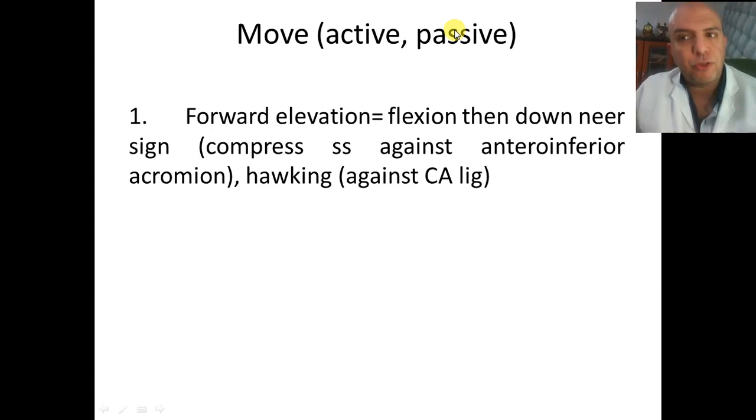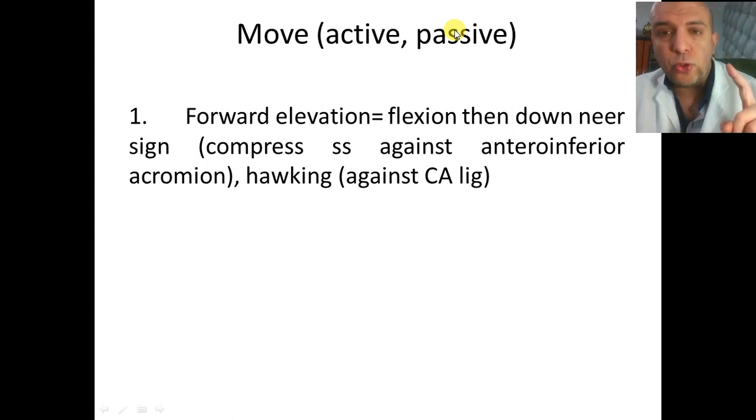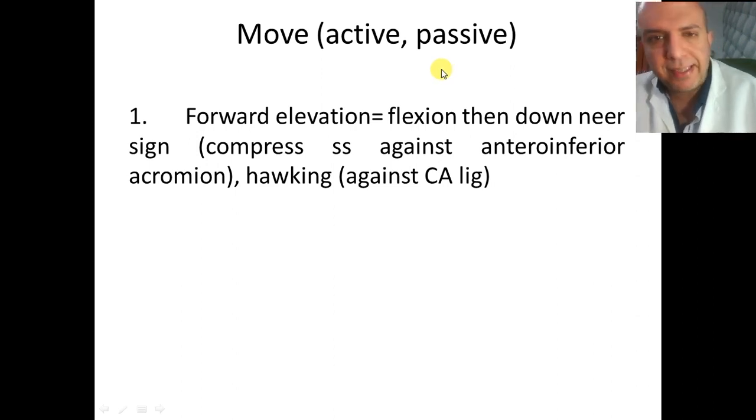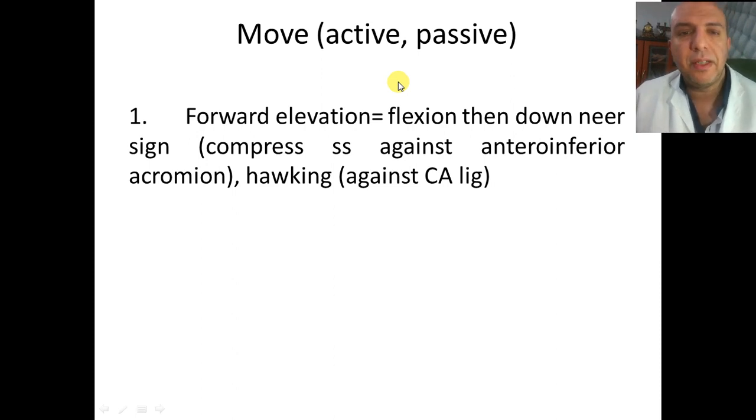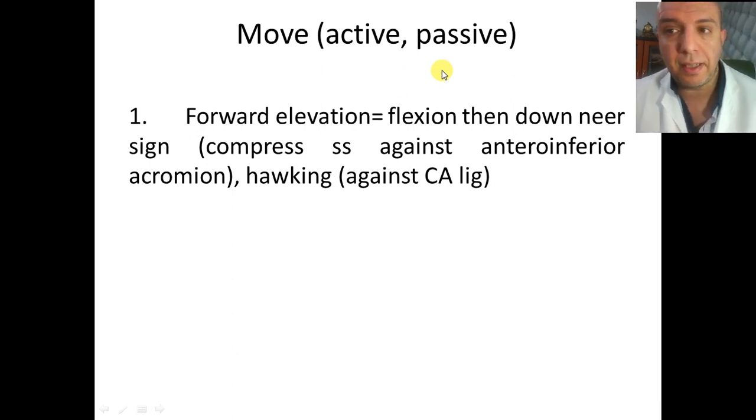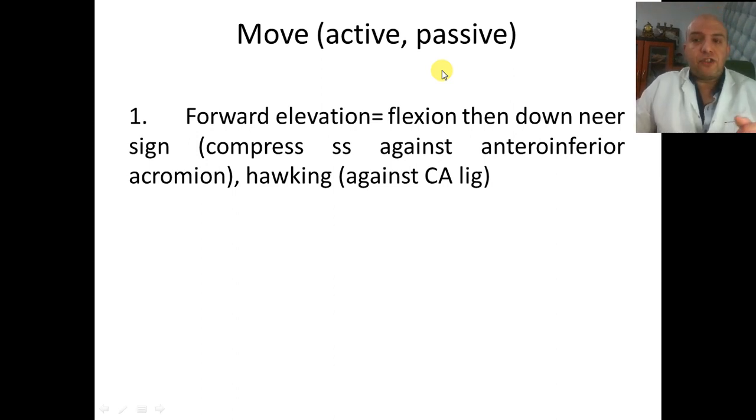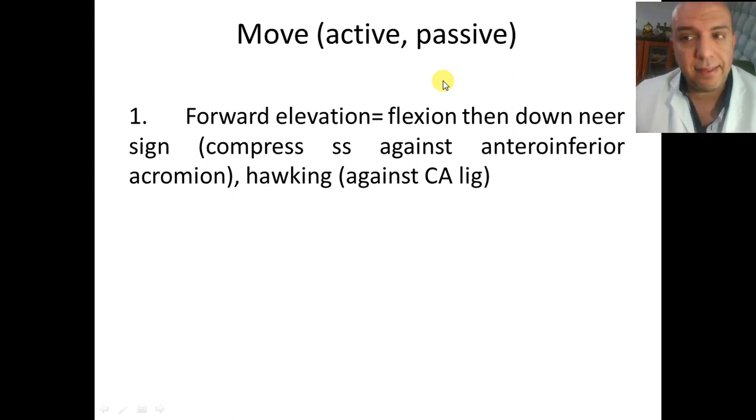So you don't go to passive movement except if there is a lag or incomplete active movement, or there is weakness in the movement. The shoulder has flexion, abduction, external and internal rotation. So these movements we will do and examine. Okay.